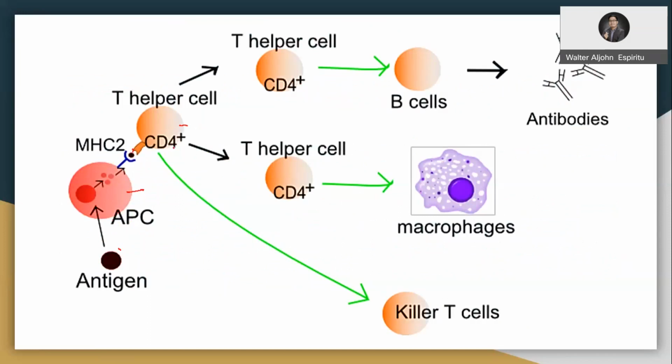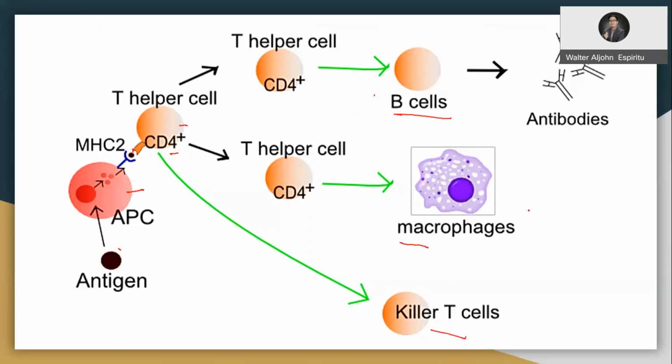The helper T cell will activate other T cells and B cells. Since this is a CD4 helper T cell, it will activate other immune cells such as B cells. Also, it can activate other cells like macrophages and killer T cells. The difference of these cells is their function.